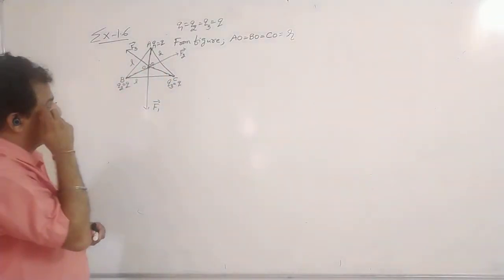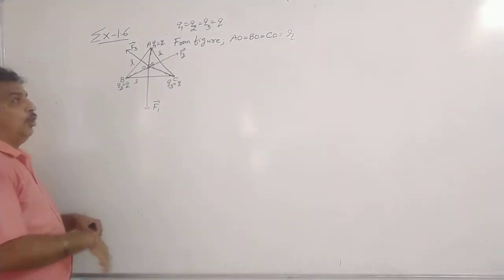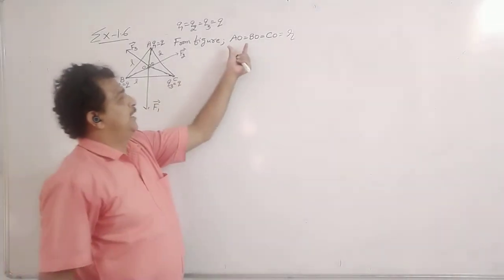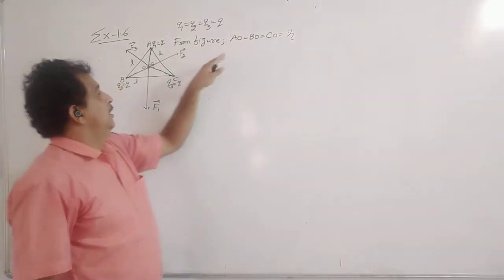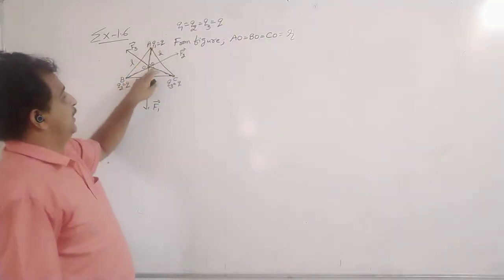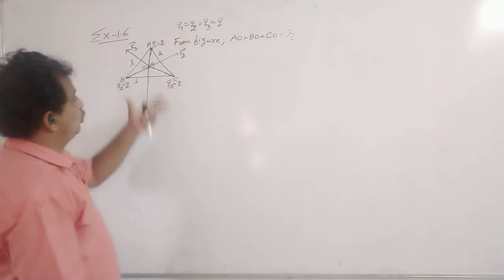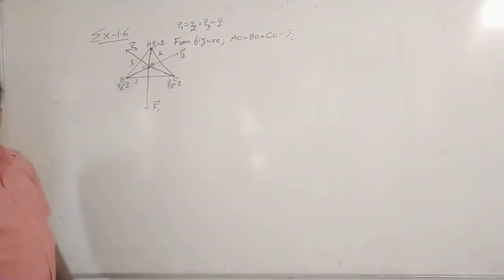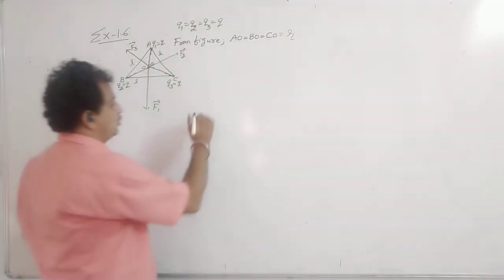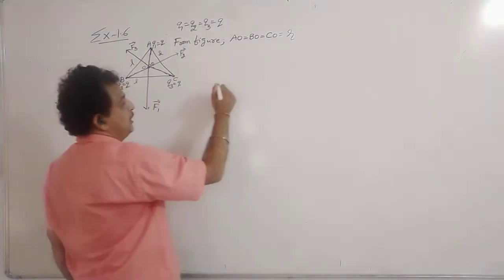First we write the magnitude, since the directions are different. Or you can also first find the distance between each vertex and the centroid. Now how to find this distance AO, BO and CO? So the next step is to find the distance AO, BO, CO.